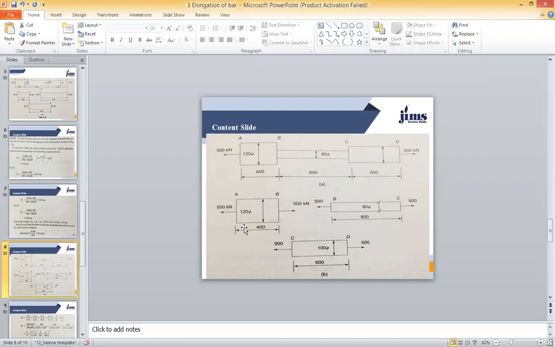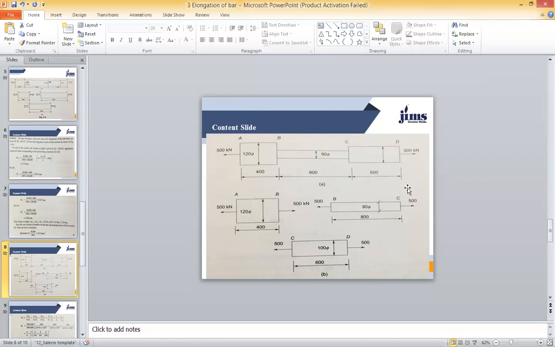Now what we have to do is find out the total elongation of the bars. The total elongation of this bar is, once again, delta L equals PL over A. All the loads are tensile in nature.